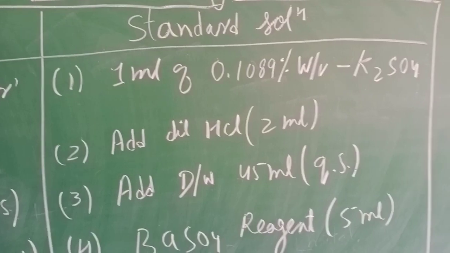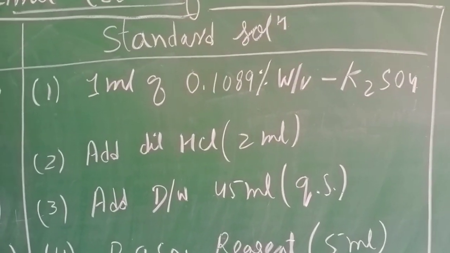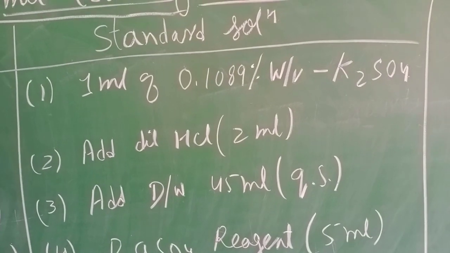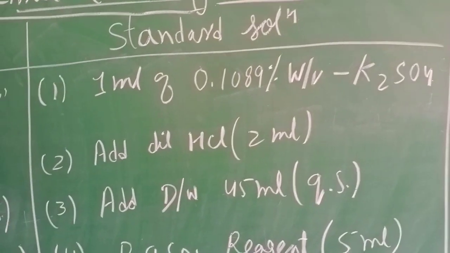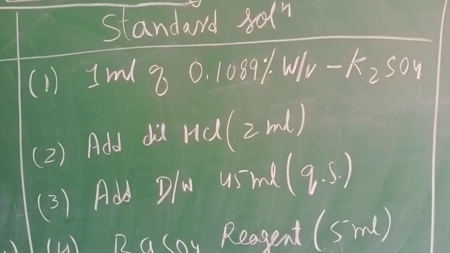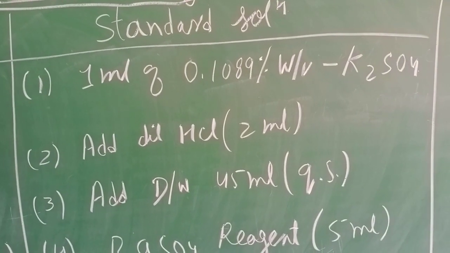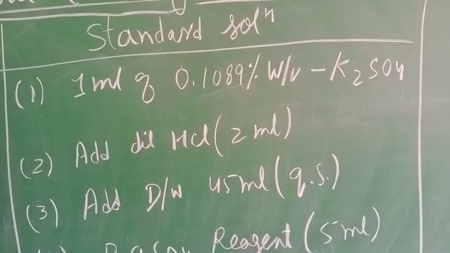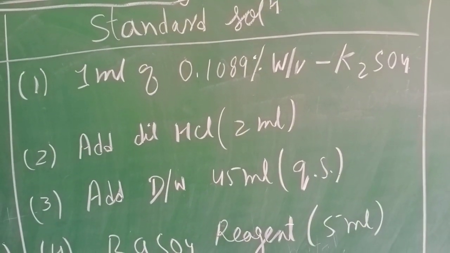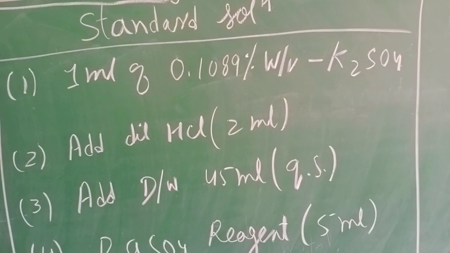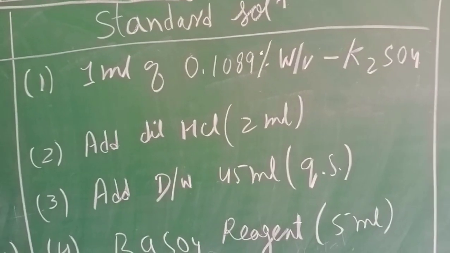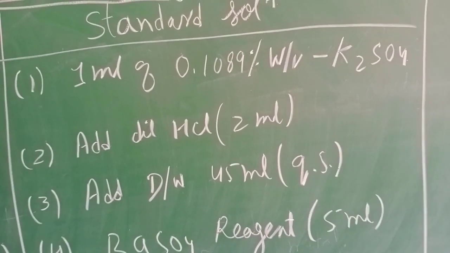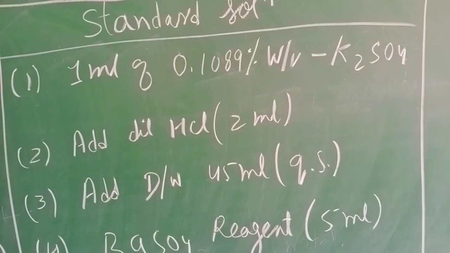So the standard turbidity in standard solution is obtained by preparing a solution of 0.1089% weight by volume of potassium sulfate.